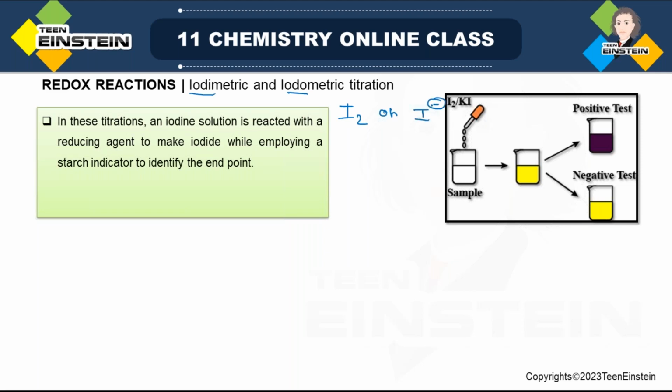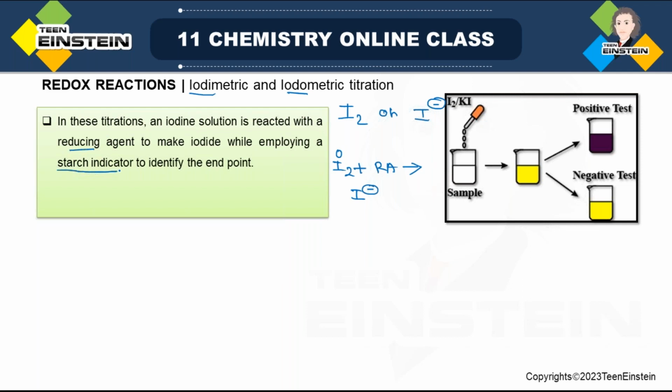Now in this titration, an iodine solution is reacted with a reducing agent. Now when you add some reducing agent with iodine, what happens? It reduces I2 to I minus, because here it has oxidation number 0, and after reaction you are getting oxidation number -1. So obviously it has accepted electrons from the reducing agent.